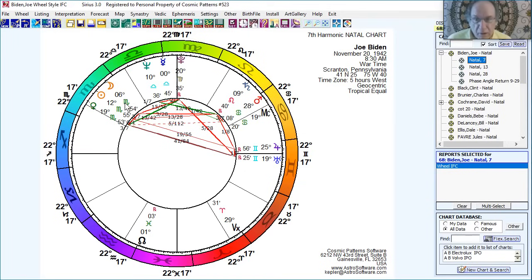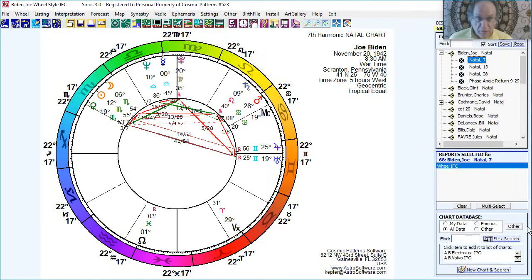But the Sun and Moon are both square Saturn. Sun, extremely weak. The thickness of the line tells us how strong it is. Moon, you can see the line, it's there. Not extremely strong, but it's there.